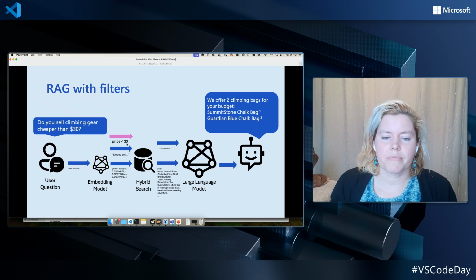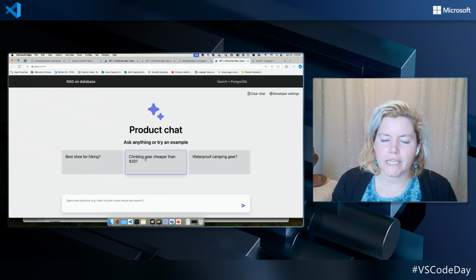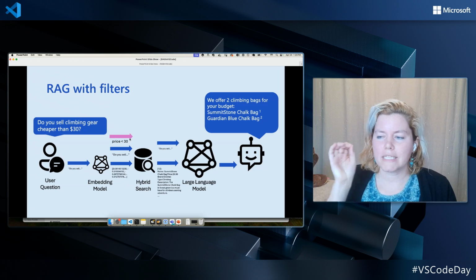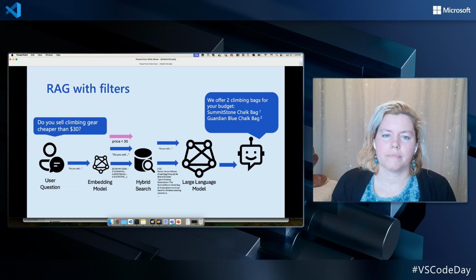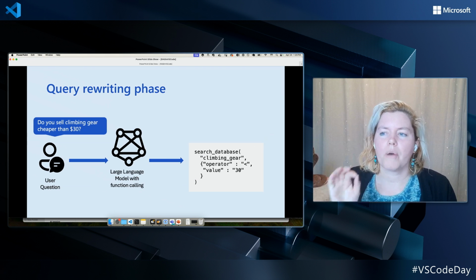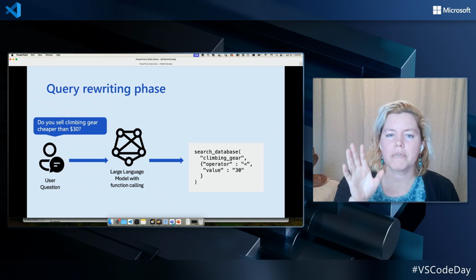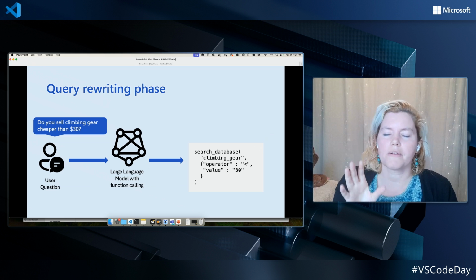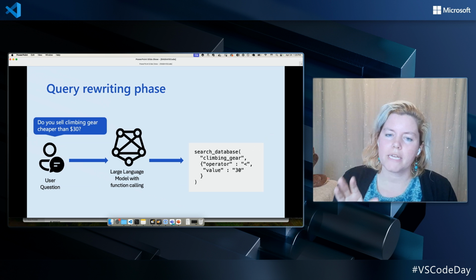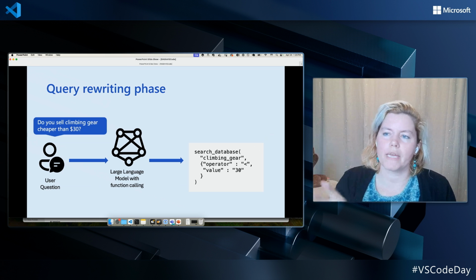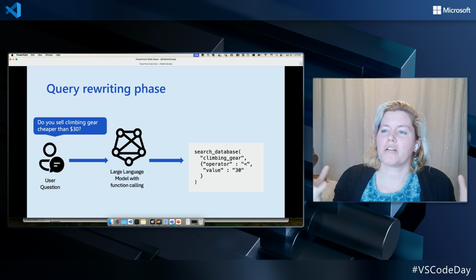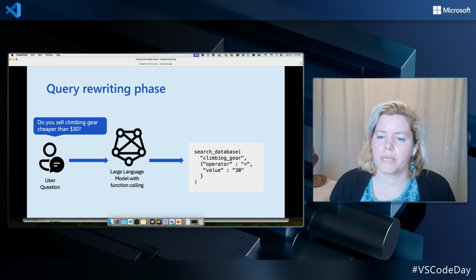So what we're going to do is figure out how we can turn this query into an additional SQL filter clause. And the way we're going to do it is to add a query rewriting phase. This is a very common part of most RAG applications, to have some sort of query rewriting or routing or intent phase where you take the original user's query and structure it more and say, okay, this is actually what we should be searching with.